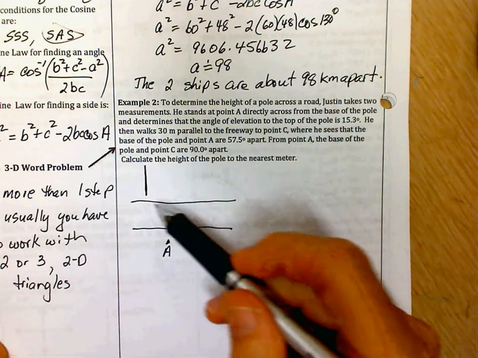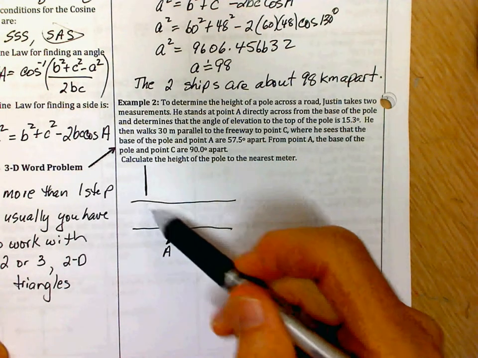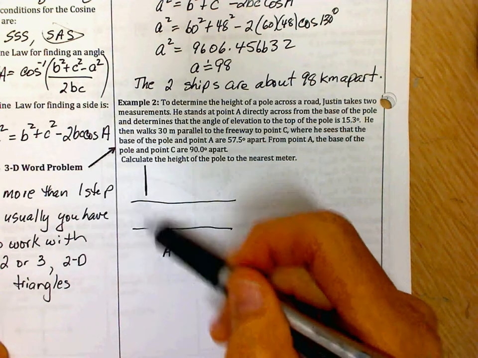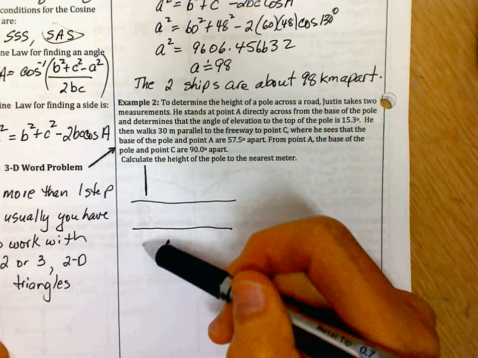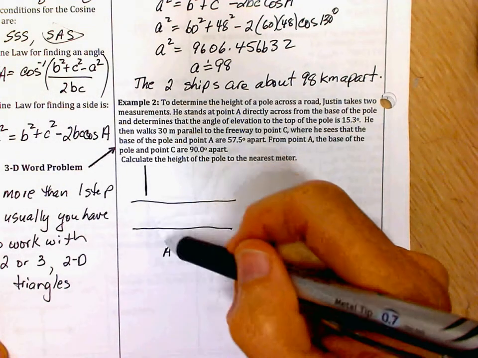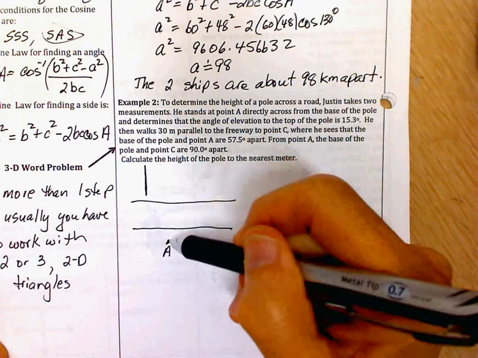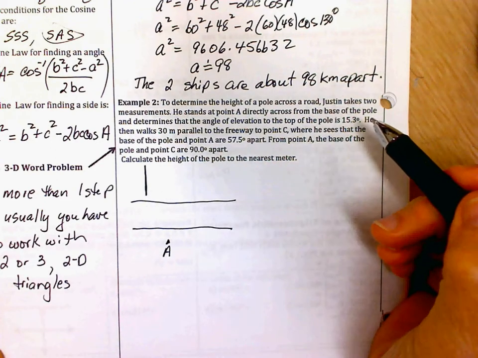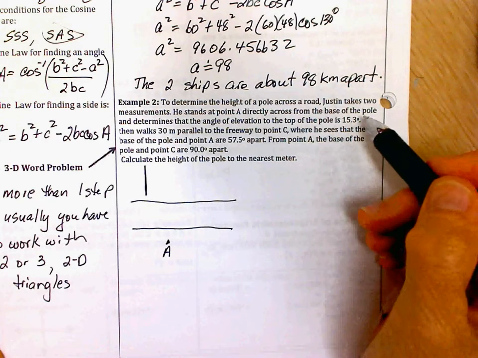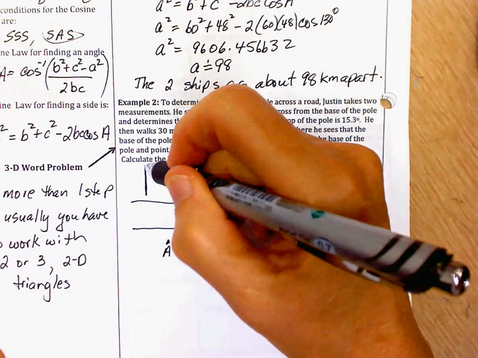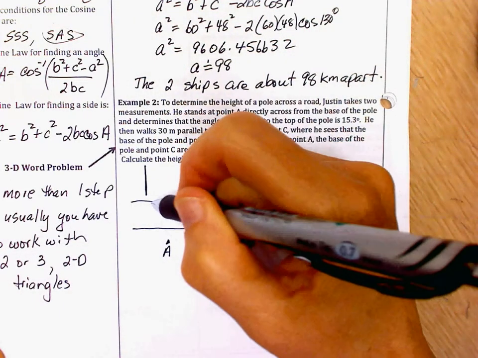Now for the purposes of my diagram, I'm not going to draw it directly across because we're going to lose the third dimension, right, since we're in a two-dimensional plane. So I'm just going to draw it here. So imagine A being directly across from the base of the pole, and determines that the angle of elevation to the top of the pole. Well, let's try to draw a triangle here.